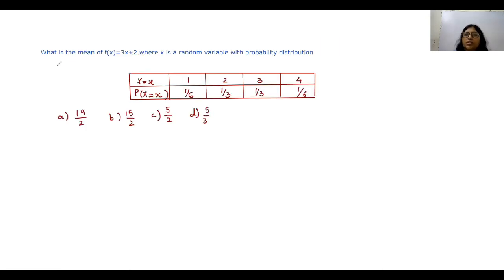1.26. This is a question on probability, and it asks what is the mean of the function when x is a random variable with the probability distribution given in the table.